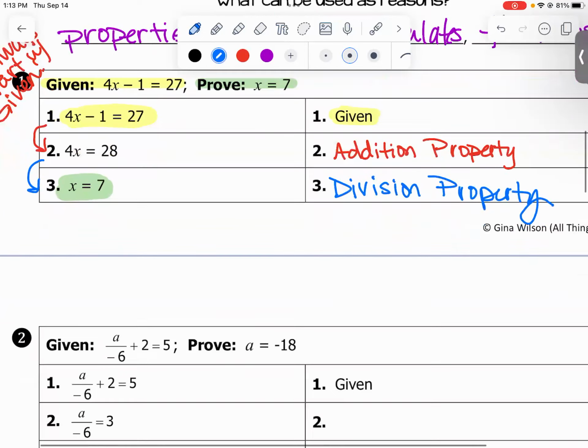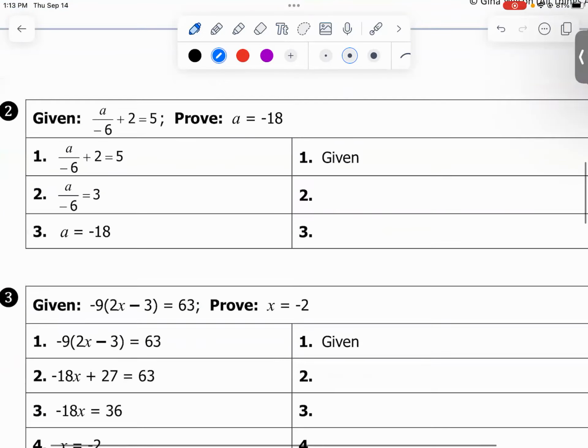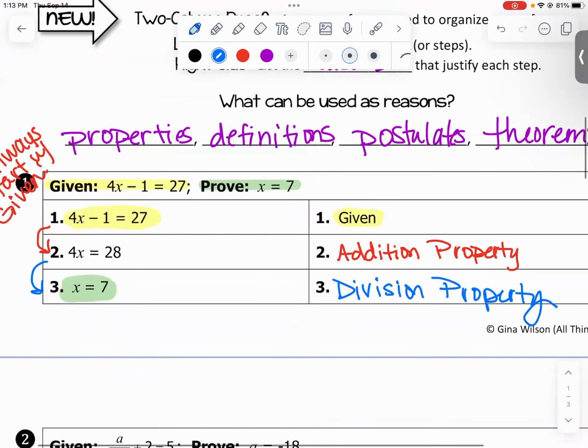All right. Turn the page. Division property.